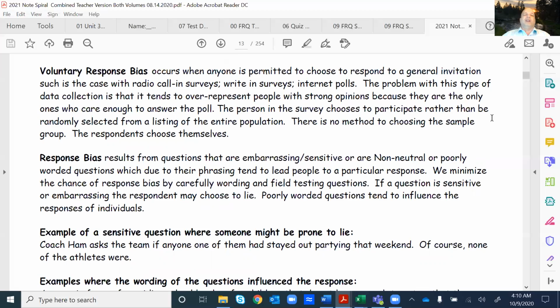Whereas from another school, they don't like Reagan, so they're not voting for us. So basically, with voluntary response bias, we didn't make a random selection. We just put it out to whoever and everybody, and only those who have a very strong opinion actually vote. If I put out there on an internet question whether or not I'm going to vote for Donald Trump, hey, will you vote for Donald Trump?